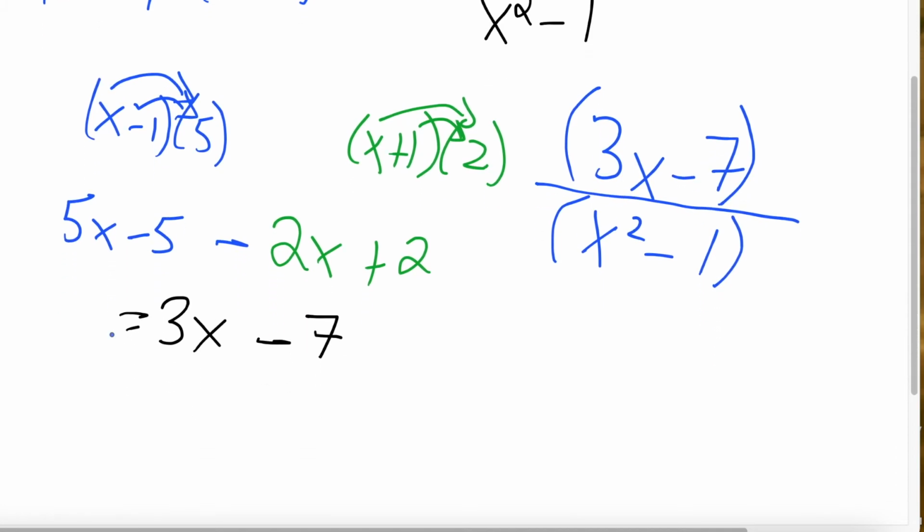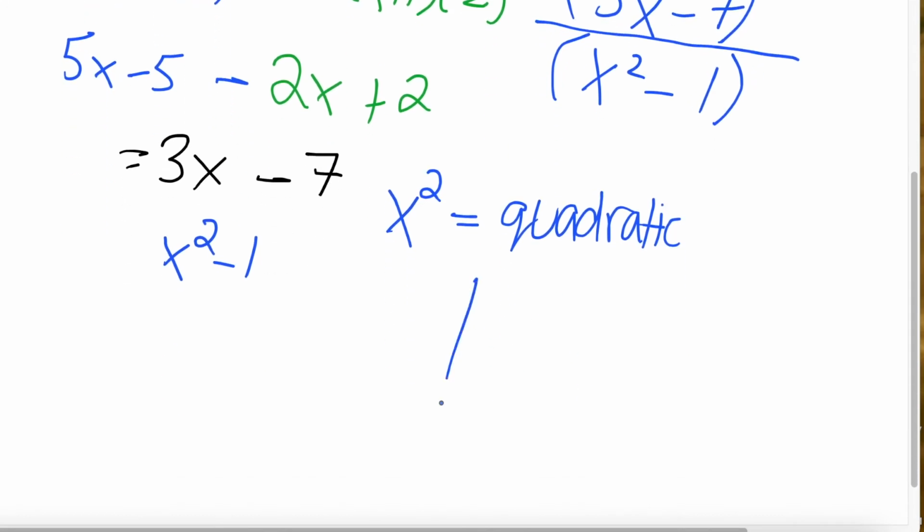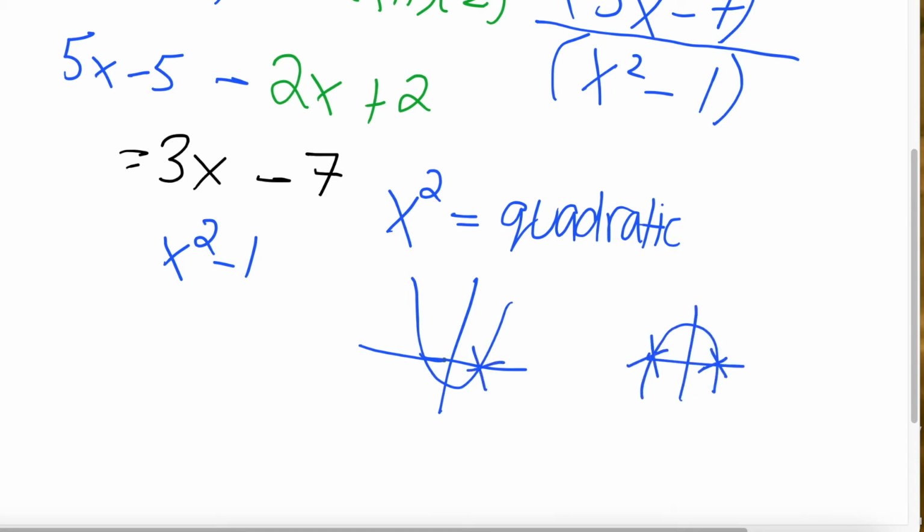We have x squared minus 1, right? And whenever there's an x squared, we know that is a quadratic, right? And whenever we have a quadratic, whether it's concave up or concave down, there are always 2 zero points on the y-axis, right?